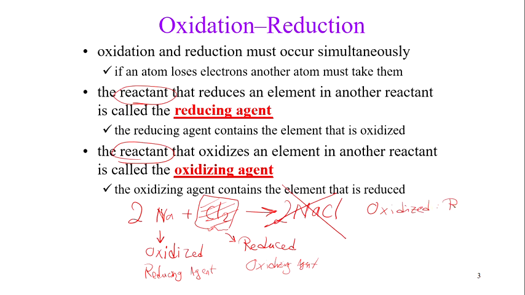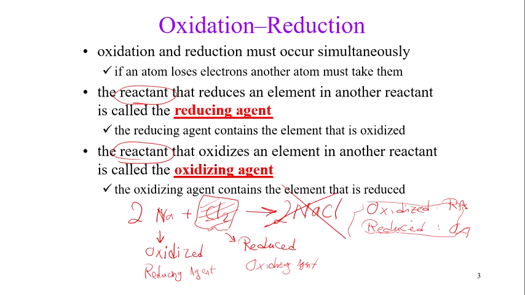We call that reducing agent, and another one is reduced, sorry, we call that oxidizing agent. So these two definitions can be used in our chemistry class. Oxidized means reducing agent, and reduced means oxidizing agent.